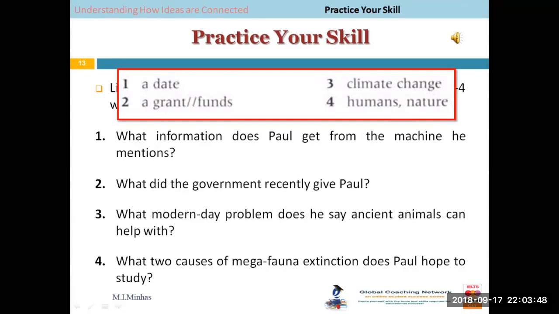For example, I plan to use these funds to excavate new areas and try to find out how ancient creatures evolved during their own period of climate change, just as animals today have to. In another project, I'm going to study fossil collections that are housed in museums around Australia. I'm doing that to try to find out when Australia's megafauna became extinct. That is, all the giant mammals, lizards and birds. That will help us to finally find out what caused these extinctions. Was it nature or was it humans?